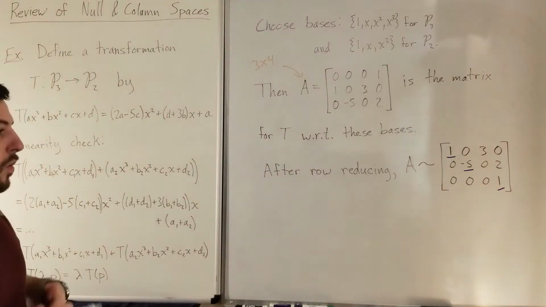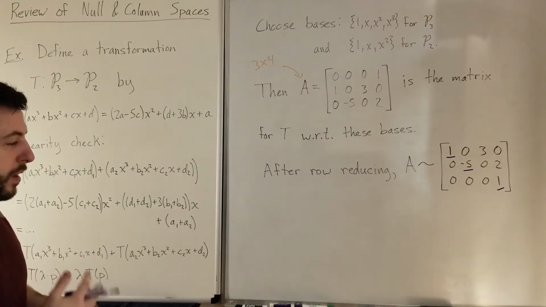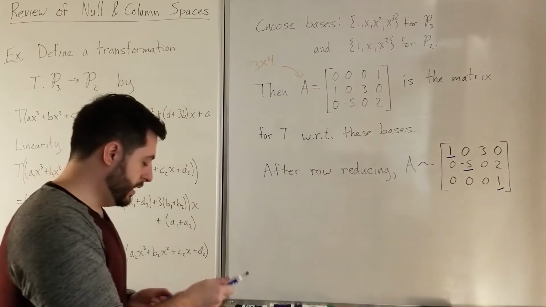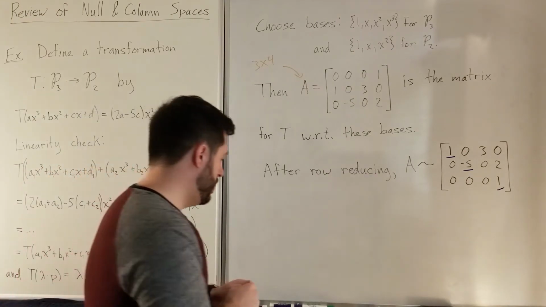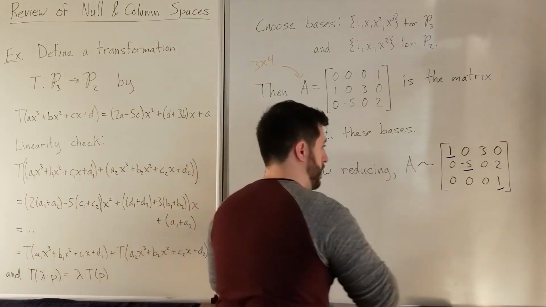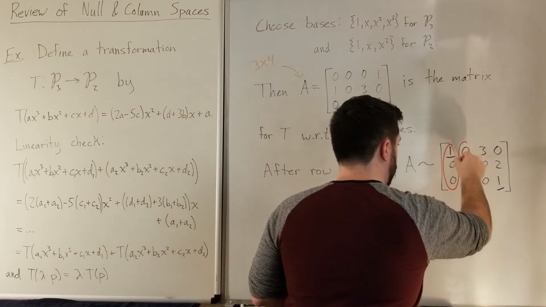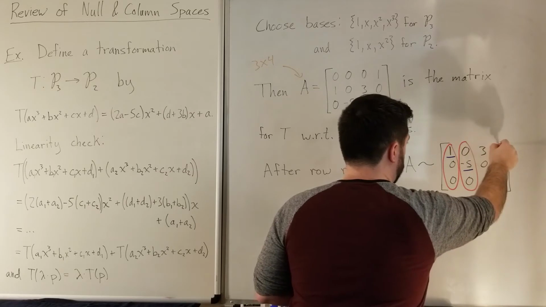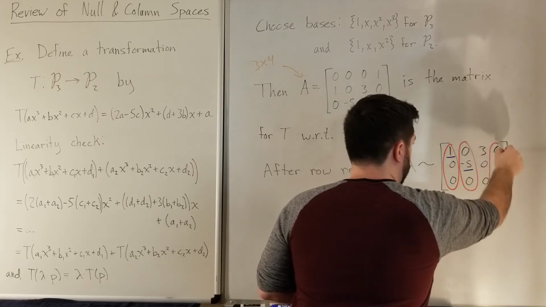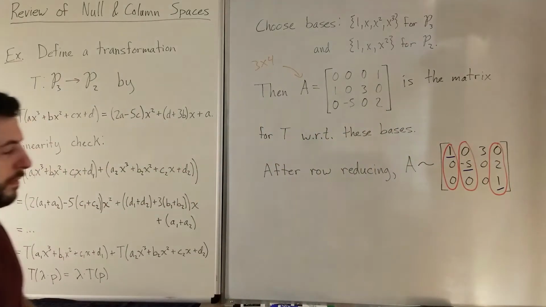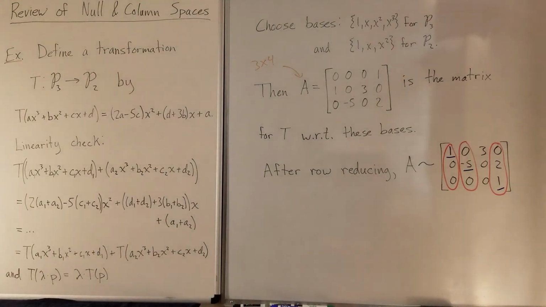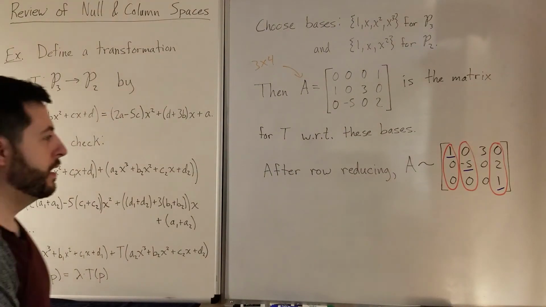All right, once we do that, the only thing we care about with these positions is what column they lie in. These columns are called pivot columns. So the first, second, and fourth columns are pivot columns.